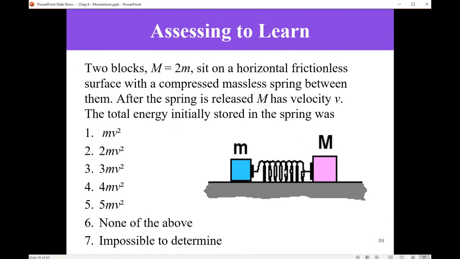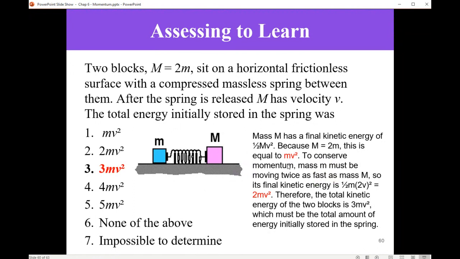So here you need to conserve energy because we are told it is a frictionless surface. Frictionless means there is no loss of energy due to friction. So energy was originally potential elastic energy stored in the spring, and after they were released, the energy is converted from elastic into kinetic energy.